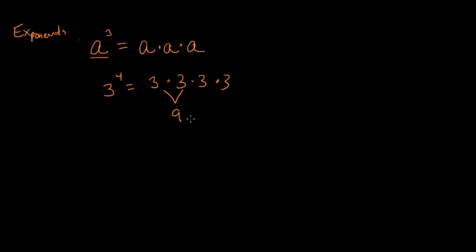And now I have to multiply that 9 by this 3 up here, and that gives me a 27. And now I have to multiply that 27 by that 3 up there, and that'll give me an 81. So 3 to the fourth power is the same as saying 81.